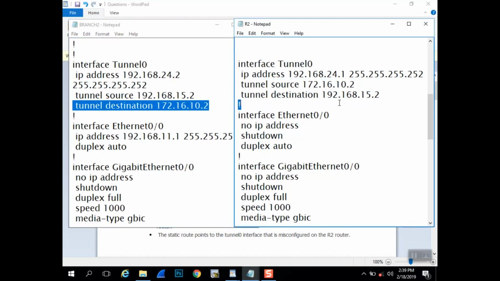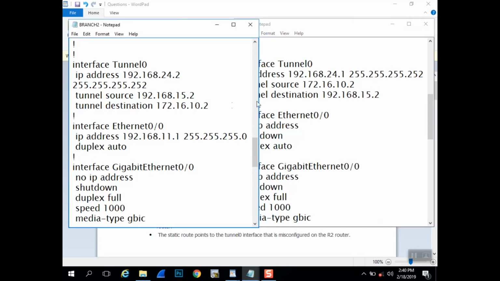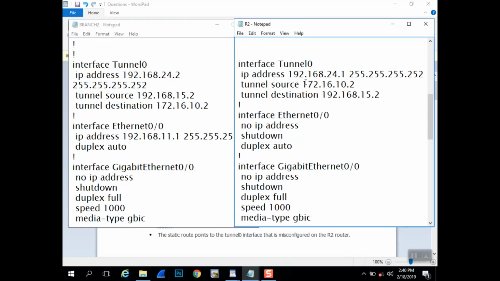As you can see on the configuration of the branch 2 and R2 routers, the addresses are interchangeably written. So the tunnel destination for branch 2 is the tunnel source for R2, and the tunnel source of branch 2 is the tunnel destination of R2. Now, since this one is correct, let's go with the routing.